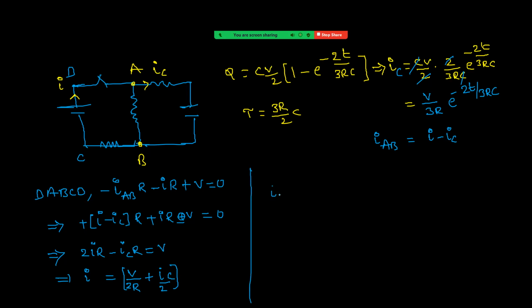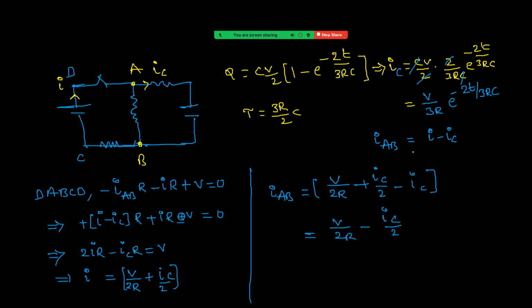So IAB is equal to, in place of I, writing V by 2R plus IC by 2 minus IC. Okay. That means it is how much? V by 2R minus IC by 2.